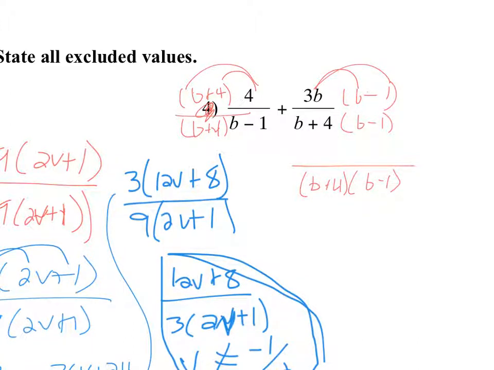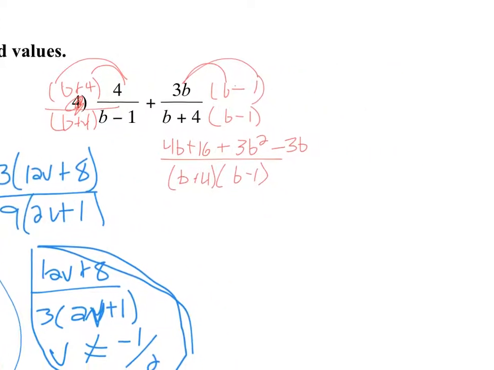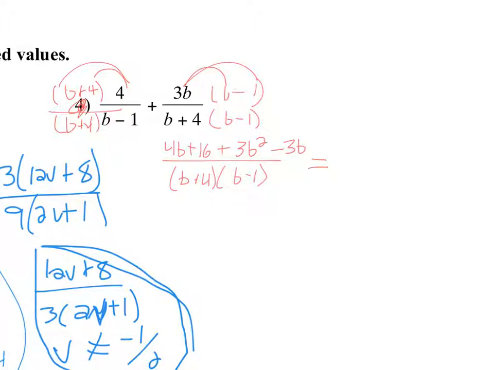Well, b times 4, so I'm doing this first one is 4b, so I got 4b, and then 4 times 4 is 16, so plus 16, and then 3b times b is going to be 3b squared, and 3b times negative 1 is going to be, excuse me, that's not a plus, it should be a minus 3b. Okay, I'm going to clean this up just a little bit by combining like terms.